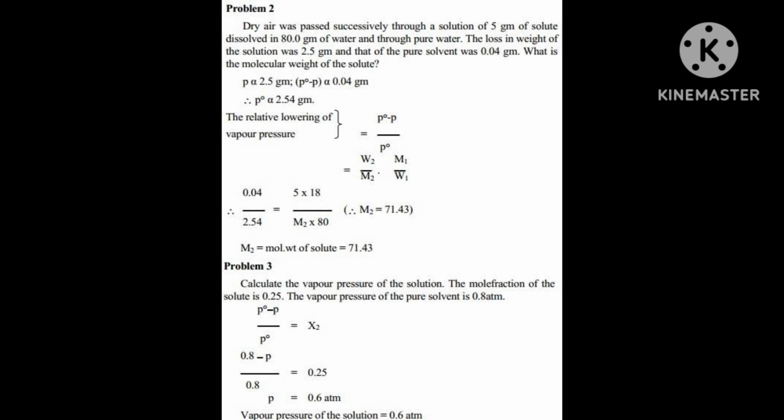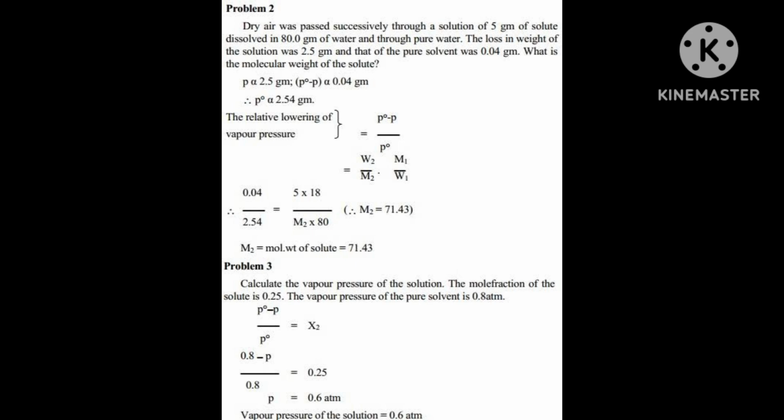This is again a limitation, as with lowering of vapor pressure. In numericals also I told you both terms are there, non-volatile, non-electrolyte, because if it is an electrolyte, then the result will differ.